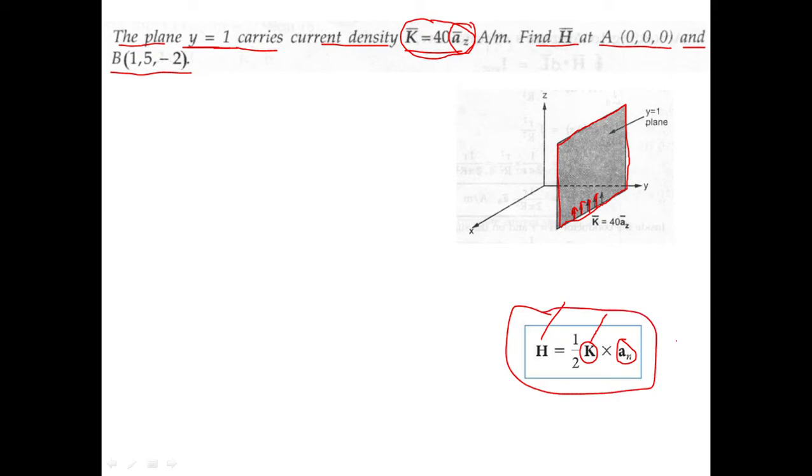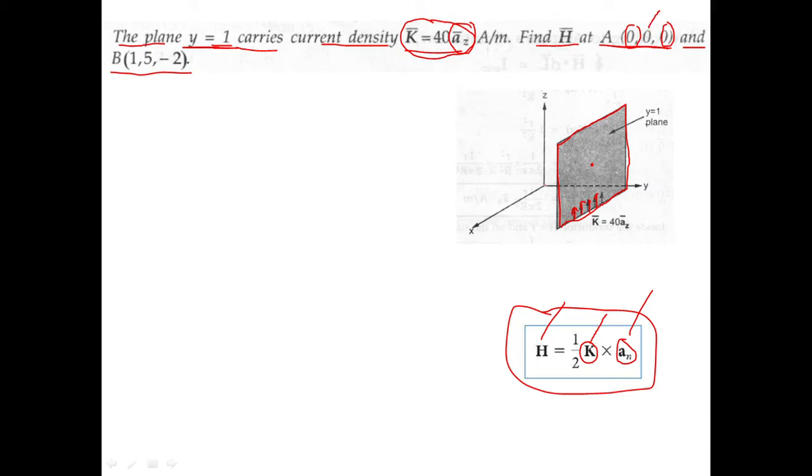And what is the only unknown here? That is an, the unit vector normal to the direction of this surface, right? Now this is placed at y is equal to 1. The first point where we have to find is A equal to (0,0,0). Here we are not interested in x or z, only in y, and here y is 0.